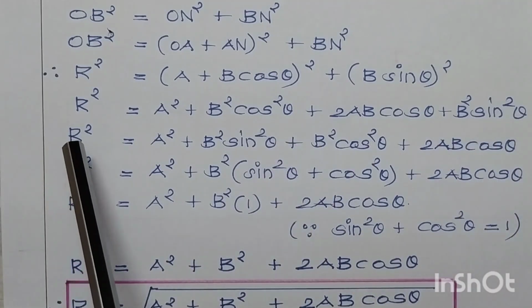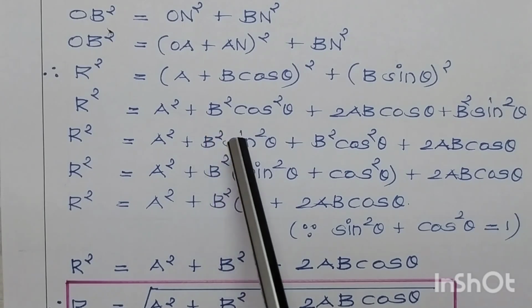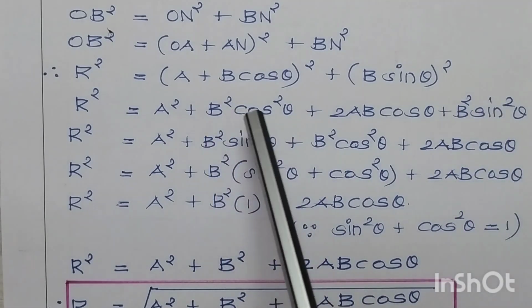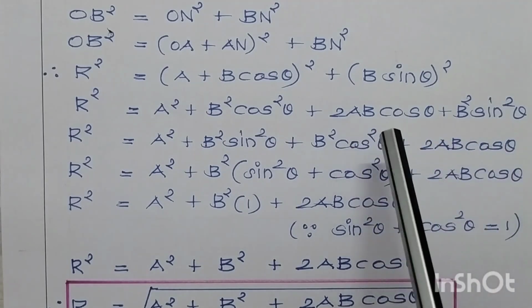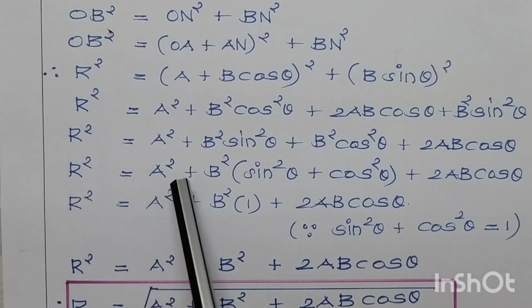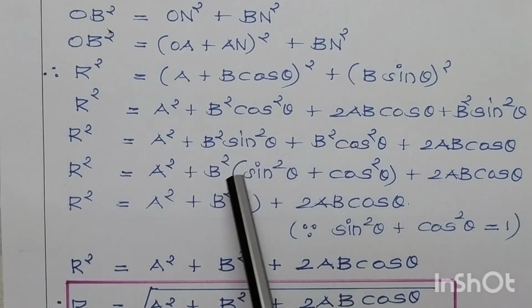In the next step, R squared is equal to A squared plus, for our convenience, let me write this B squared sin squared theta first and then B squared cos squared theta, and at last let me write 2AB cos theta. In these two terms B squared is common, so take it out.